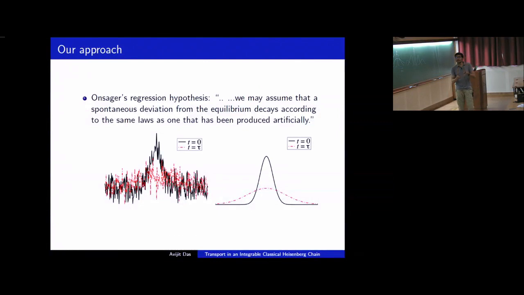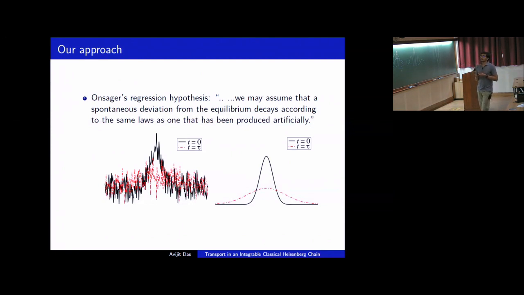Sometimes somewhere there is accumulation of gas, and then it will diffuse. What is the behavior, diffusive or what? That is the question. So Onsager said that these unusual fluctuations decay, and if we put some kind of initial condition, that will also decay by the same law. Okay. So we will use this.